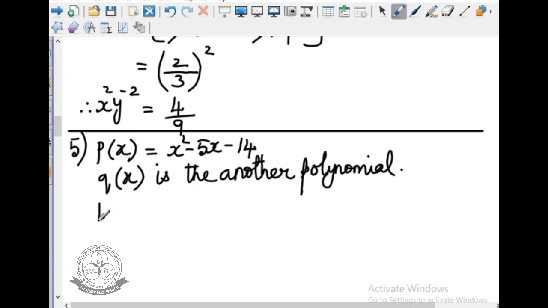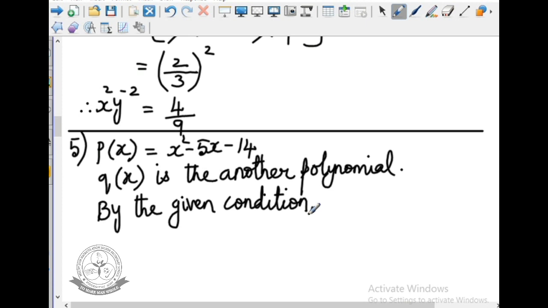By the given condition, when P of x is divided by Q of x, it is reduced to, so the answer will be x minus 7 whole divided by x plus 2.